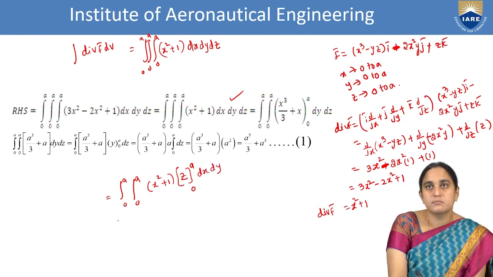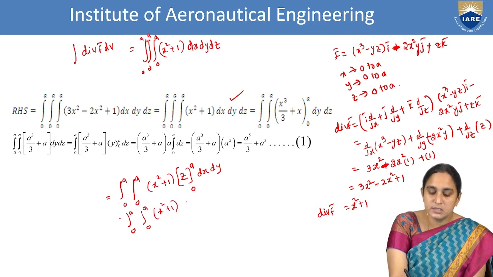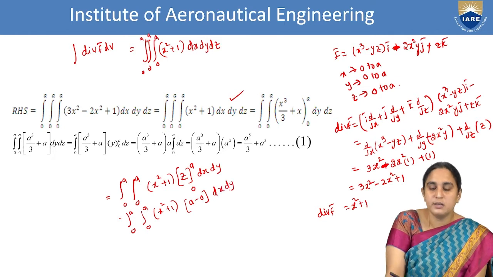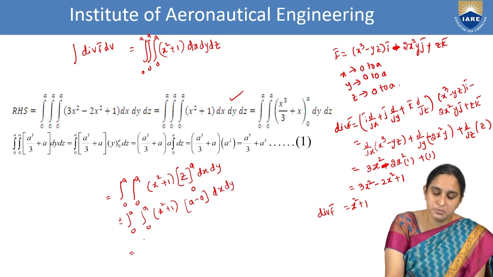Next, that is equal to integral 0 to a, integral 0 to a, x square plus 1 into z. After z integration, now substitute the limits, a as the upper limit, 0 as the lower limit, into dx dy. That is equal to integral 0 to a, integral 0 to a, a into x square plus 1 into dx dy.